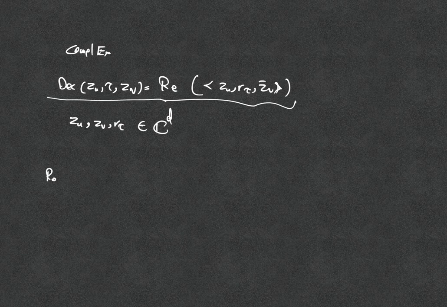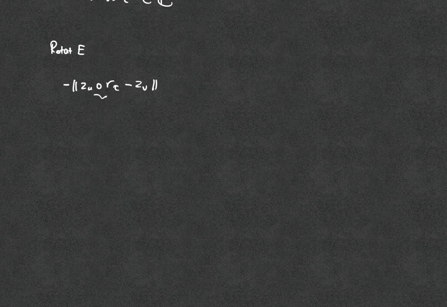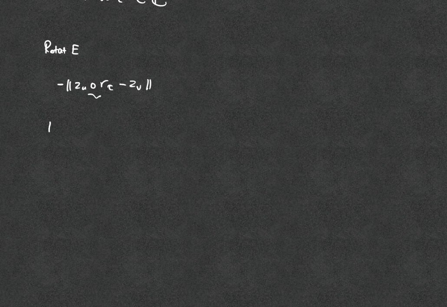Now another approach called RotatE defines the decoder as this. In this case, this is a Hadamard product. Traditionally, in RotatE, they add this assumption that every element in R tau has the magnitude of 1.